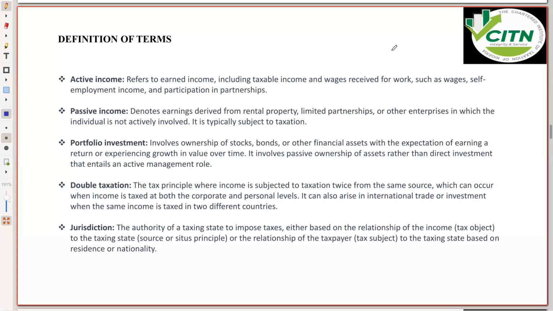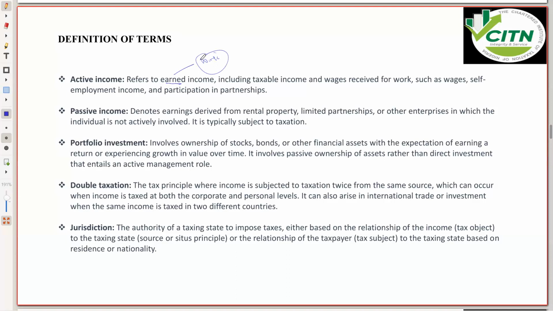One is active income. So the term active income basically refers to earned income. Whatever income you earn from work, that is your active income. I need to go to work every day. I need to get up in the morning, dress, so I go to the office. So that income you earn from your work is called earned active income.